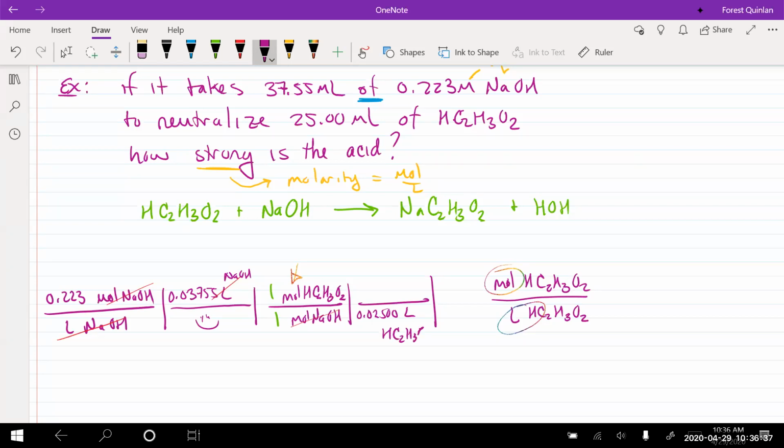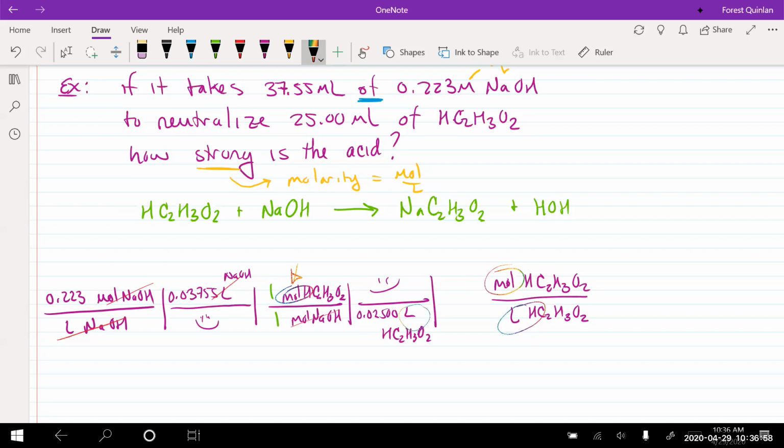Now, why on the bottom? Because my units ask me to have moles over liters, and so I need to make sure those are going to be on the bottom. Don't need to do anything else, so that makes me happy. So I now have my moles per liter, everything calculates out.